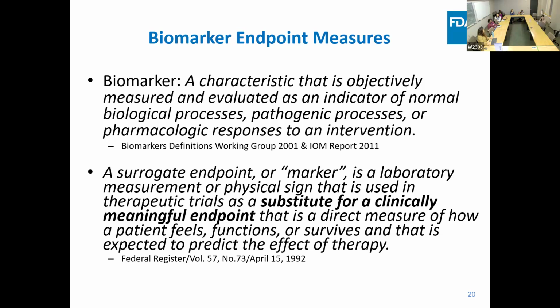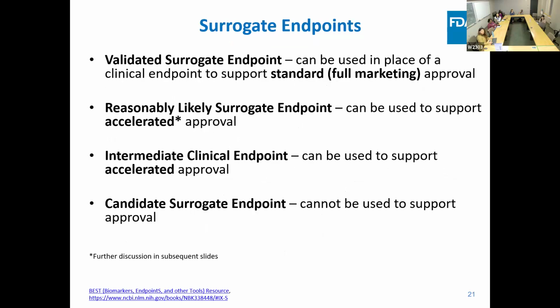But we do know now, through having good information about hypertension, that over the long term it does affect how someone survives. And so that makes it a surrogate endpoint. It's on the pathway of one of these feel, function, survive. So blood pressure would be an example of a validated surrogate endpoint.